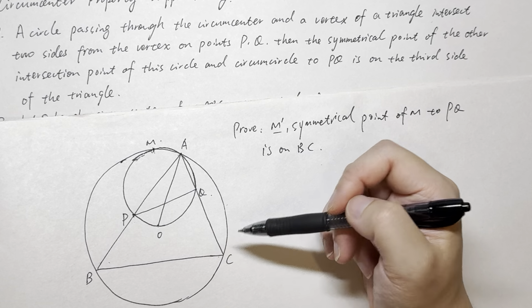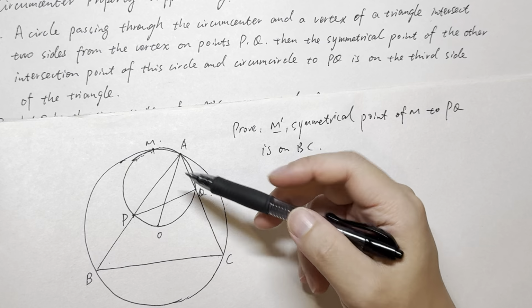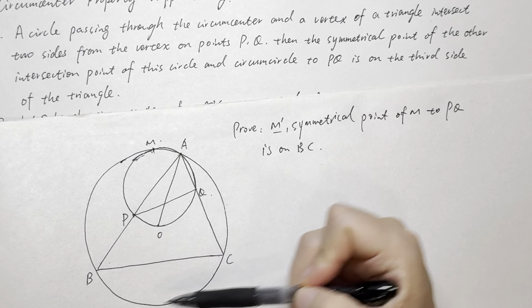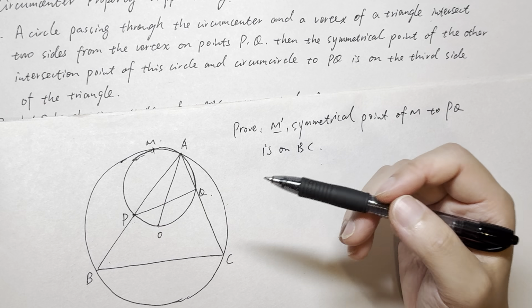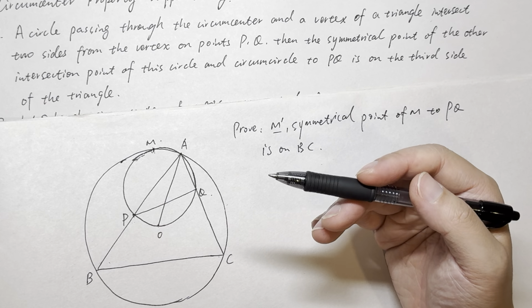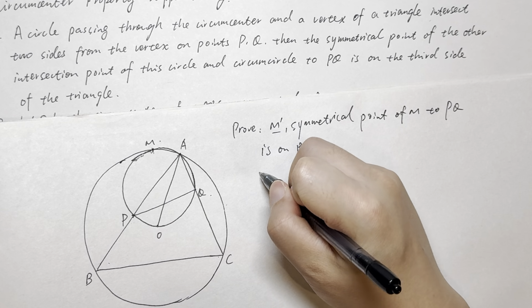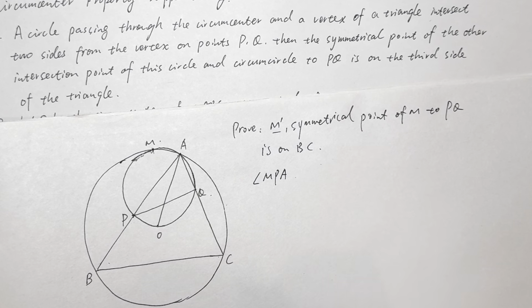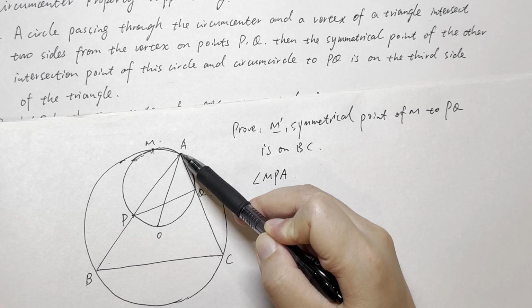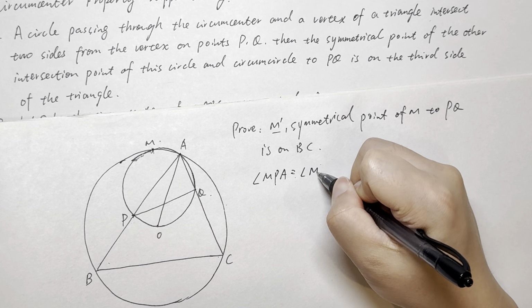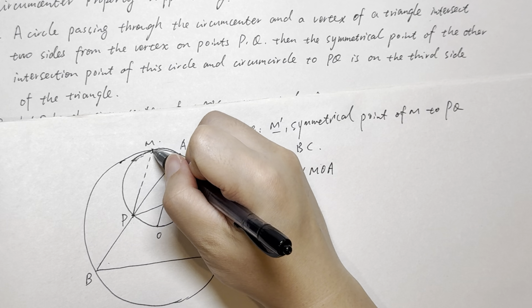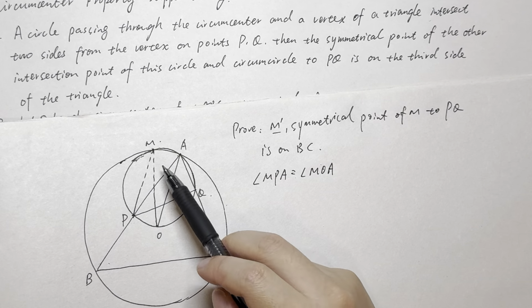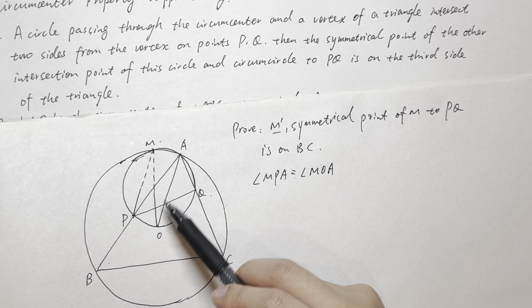So when we get this problem, we just need to think about how we can relate all of the points together, right? Because we need to prove it based on the angles. So if you look at the angle MPA, if I connect MP and MO, we know that angle MPA equals angle MOA.